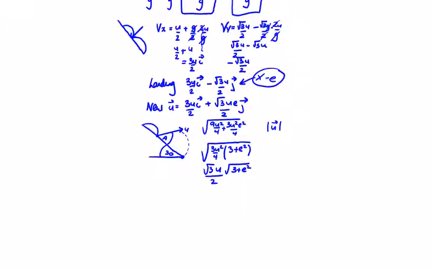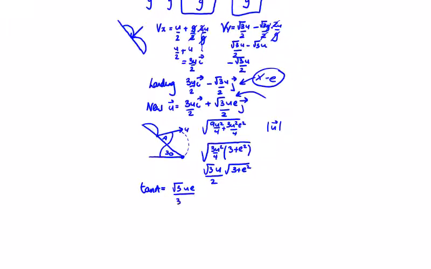So now the angle, we have the tan of the angle A. The tan of A is going to be this velocity of y over velocity of x from up here. So root 3 ue over 3u over 2. Well, we'll just knock out the 2's, they're going to cancel.